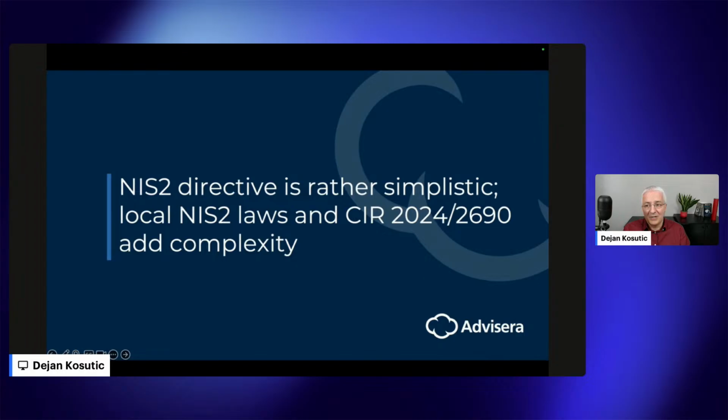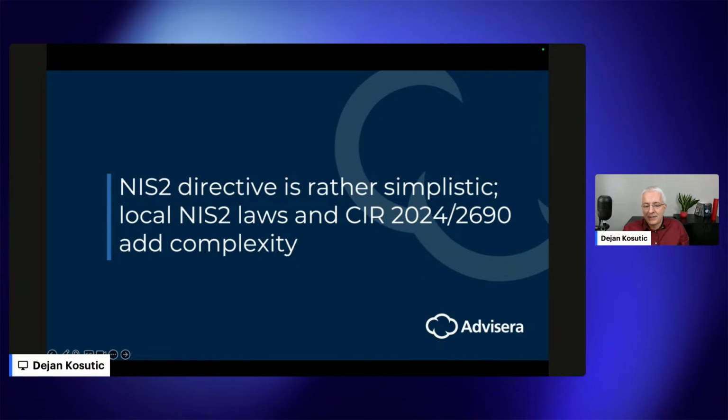What also adds to this complexity is the CIR, Commission Implementing Regulation number 2690, which also specifies certain mandatory things for companies that are in NIS2 scope. So these things are complicating matters. Again, the NIS2 directive is rather simplistic, and these other things add to the complexity. Of course, I'll explain this throughout my webinar.